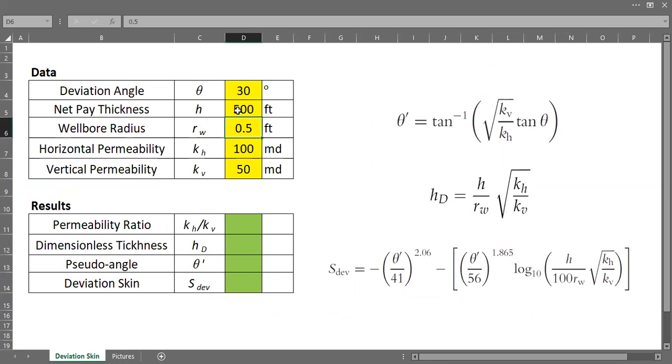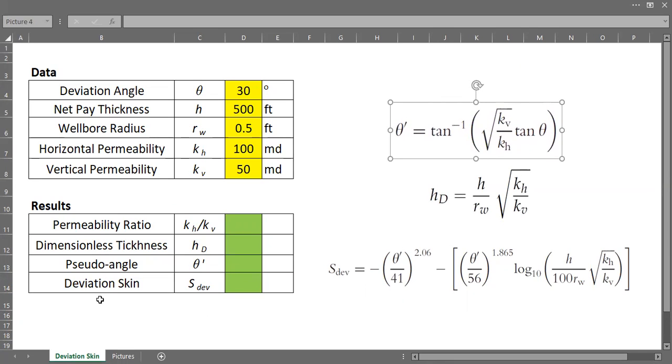The wellbore radius RW is 0.5 feet, with horizontal permeability KH of 100 millidarcies and vertical permeability KV of 50 millidarcies. Now we need to calculate the deviation skin, and we can do that by using these formulas. I will show you how to use them to finally arrive at the deviation skin.